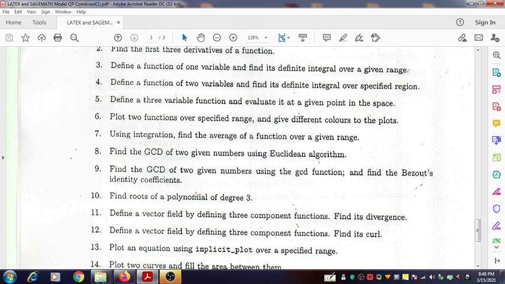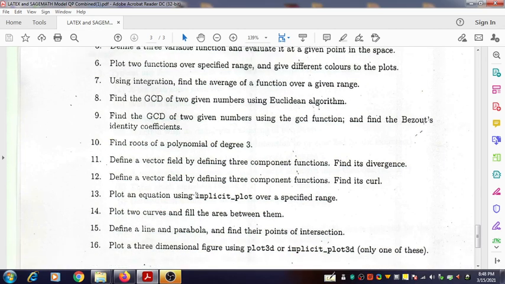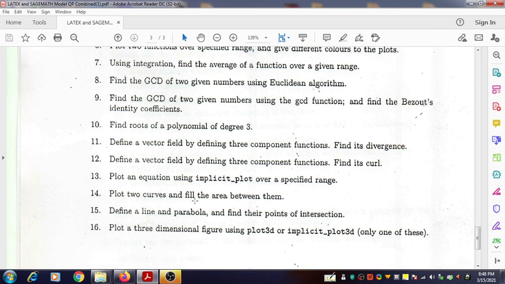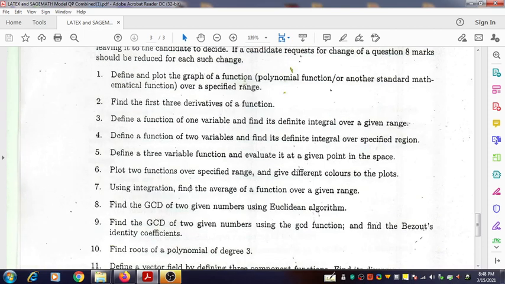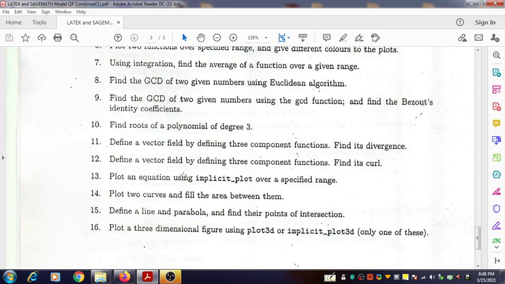If some of the questions are not solved by you in the lab, then they can be avoided by discussing it with the internal examiner, because this list contains 16 questions. Out of these 16 questions, 8 questions can be selected.